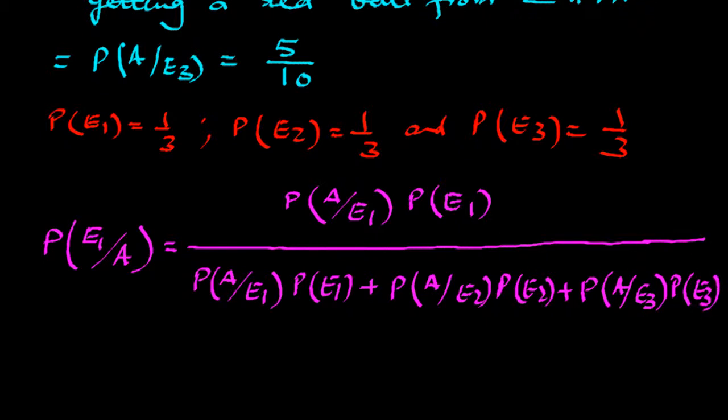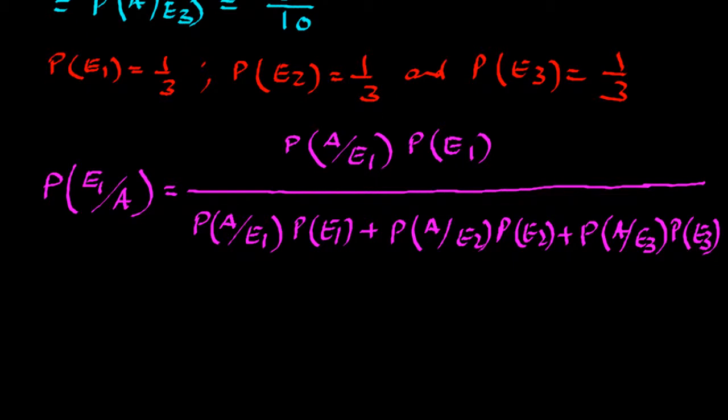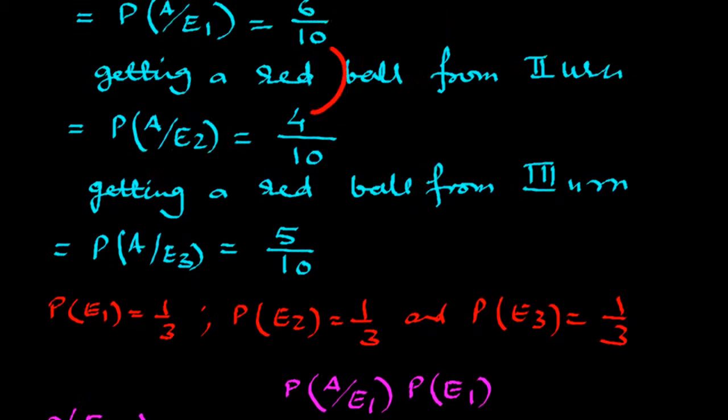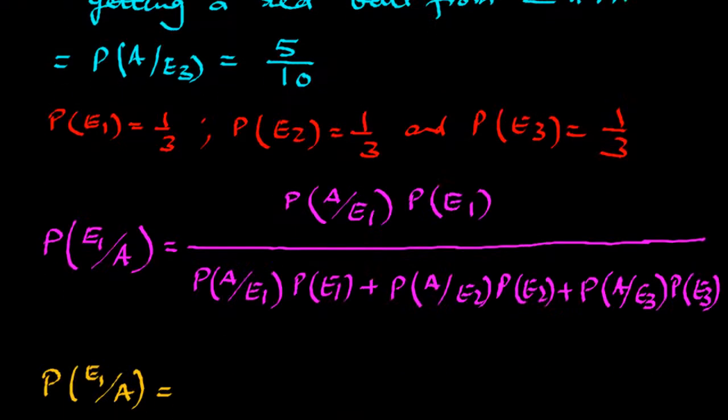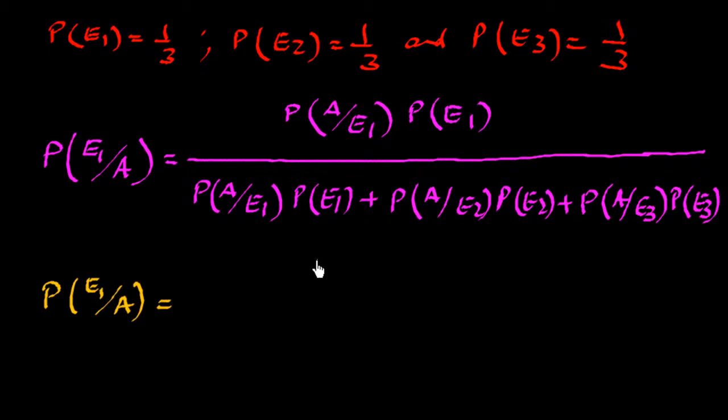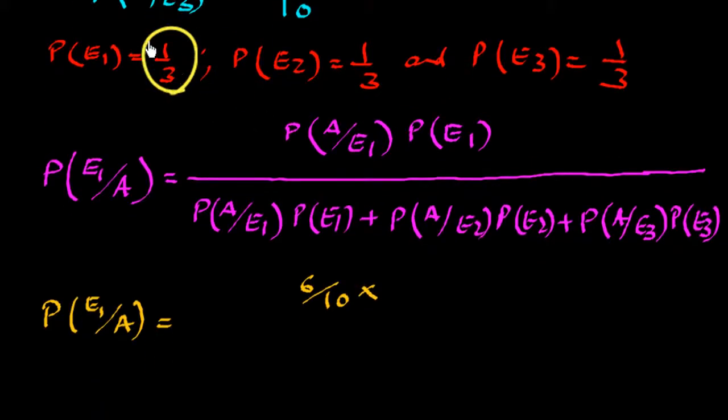Now we put these values in this formula. The probability of E1 given A: the probability of A given E1 is 6 over 10, into the probability of E1, which is 1 over 3.